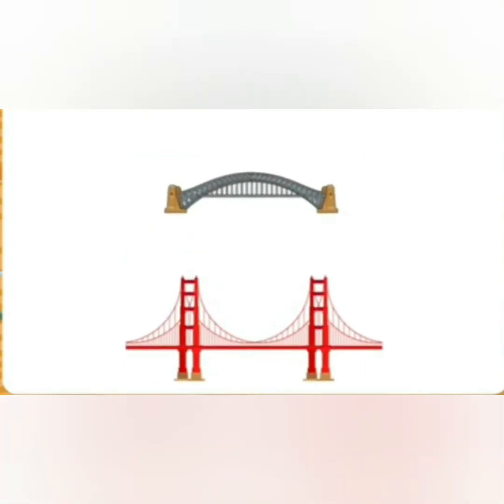Look at the Sydney Howrah Bridge and the Golden Gate Bridge. Which one is longer and which one is shorter? The Golden Gate Bridge is longer than the Sydney Howrah Bridge.